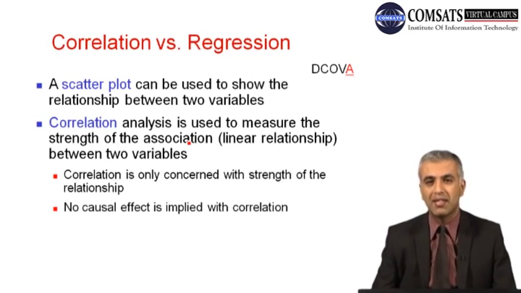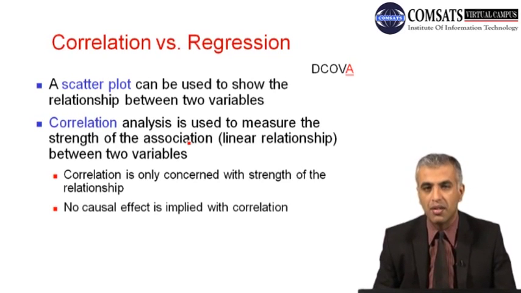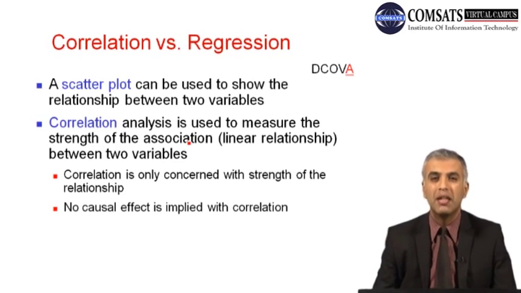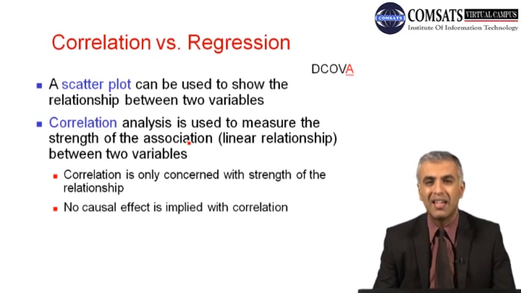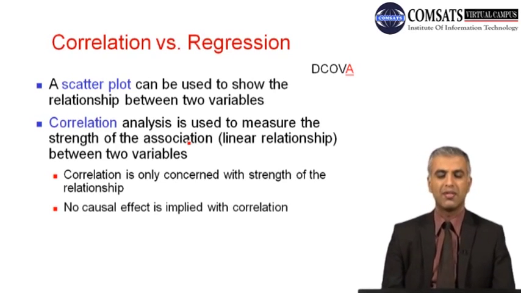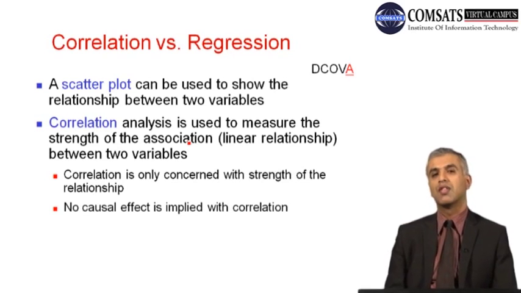So this is a big discrepancy in correlation, that we will not be able to identify the direction of the relationship. So in order to have a more detailed analysis of cause and effect, we move towards regression.